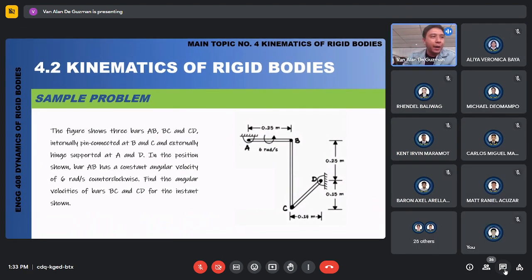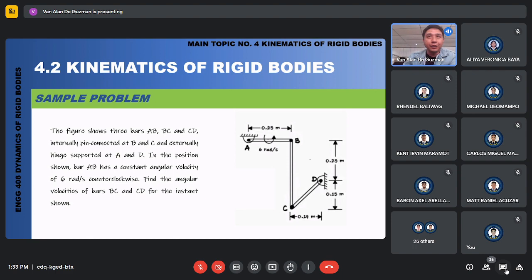Tatlo kasi we have bar AB, we have bar BC, and we have bar CD. Ano po yung types of rotation natin dyan? Ilan naman po yung types ng motion na present tayo dito sa ating figure?